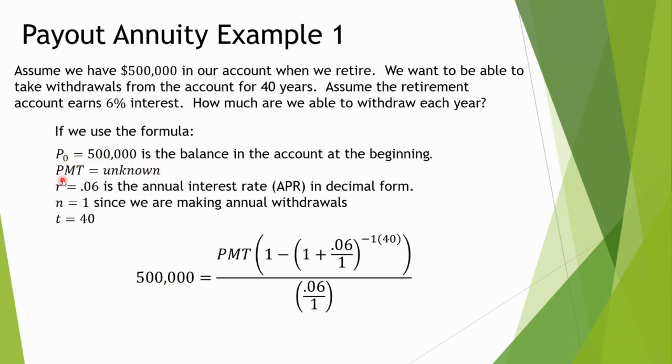It's not monthly payments, it's monthly withdrawals. So that's our unknown. The interest rate here, we write as a decimal for this formula. n is 1 because we're taking out money once a year. Also, the account's going to be compounded once a year. This is going on for 40 years.